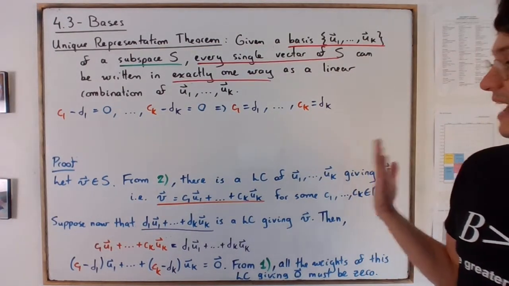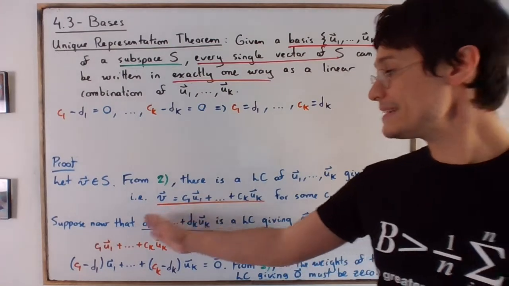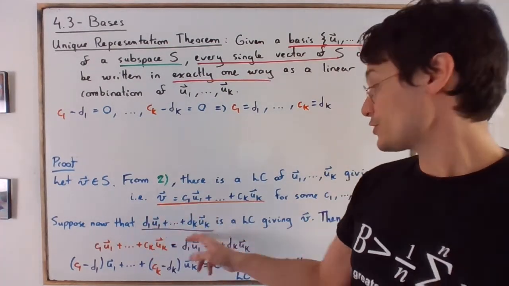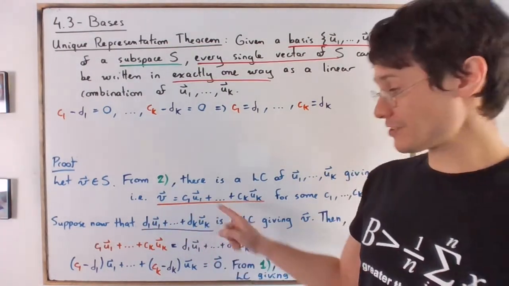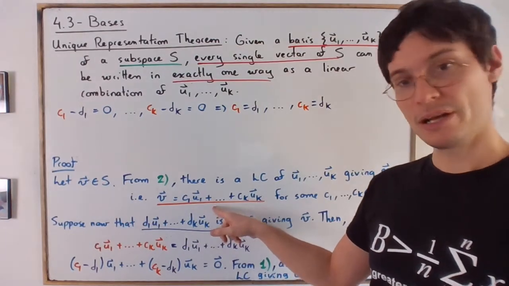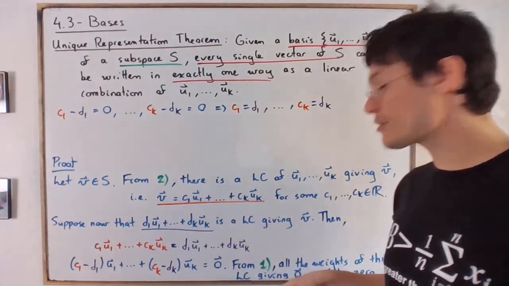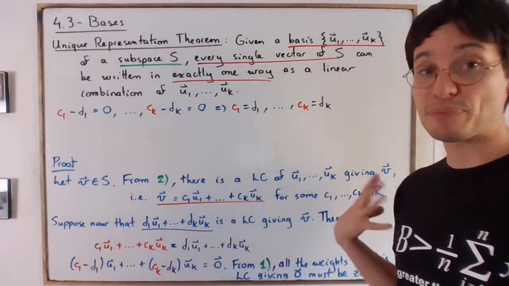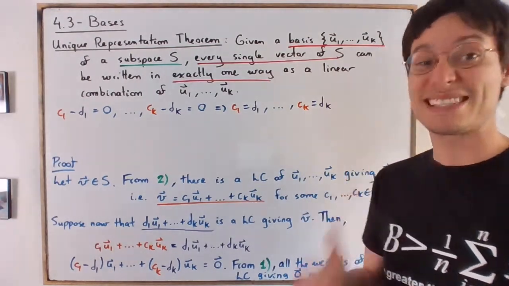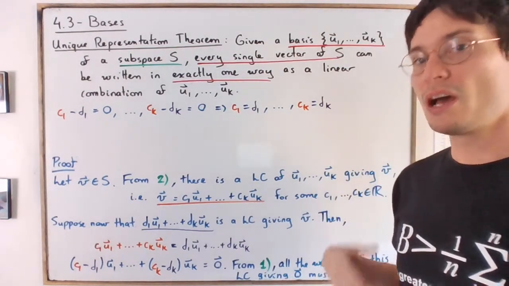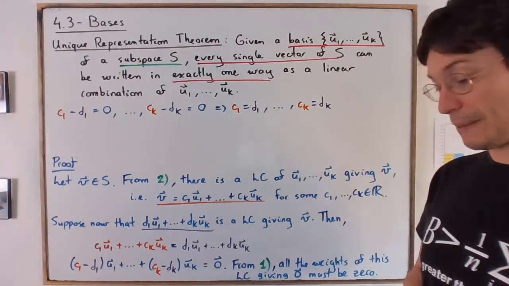What it means is that any linear combination that you could imagine is forced to have the same weights as this one just because of linear independence. And that proves the theorem. That proves that there's a single linear combination giving the vector V.